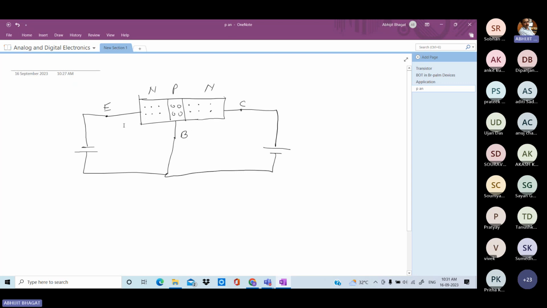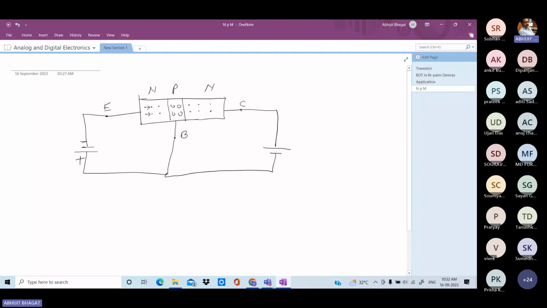Now when this emitter base junction is forward bias, these are the electrons. This battery terminal is negatively charged and this is the positive terminal of the battery. These electrons have negative charge, so the negative plate repels the electrons, which means this electron has a tendency to move in this direction.